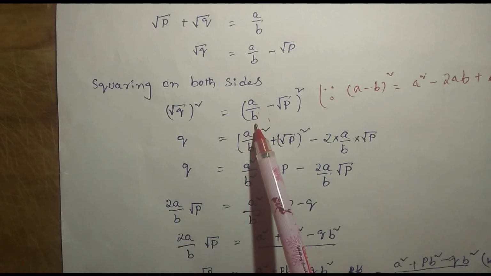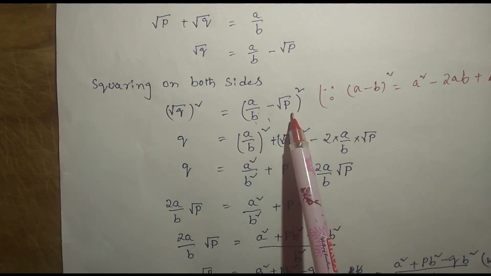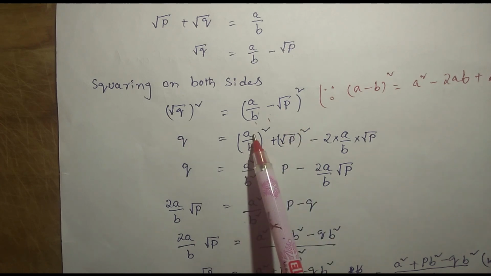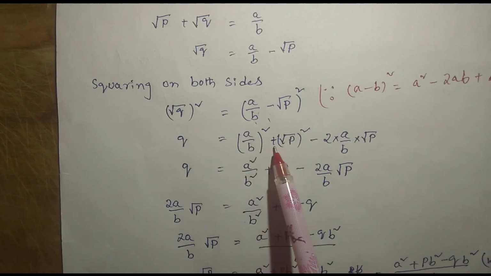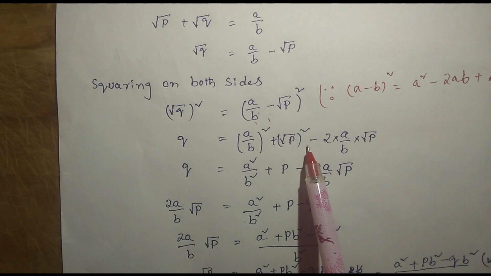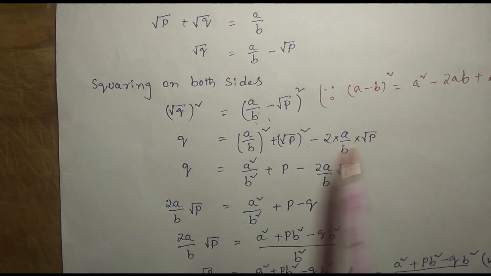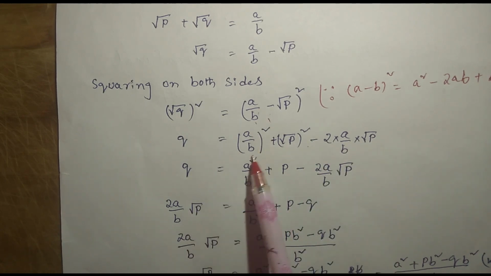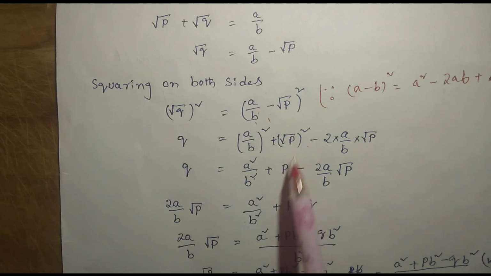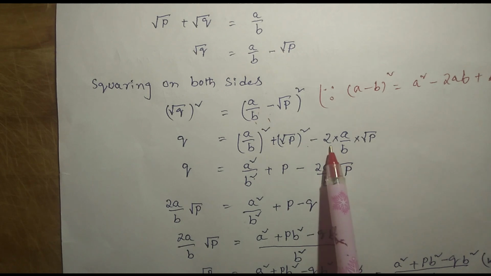Here a means a by b, b means root p. So q equals a square by b square plus root p whole square, which means p, minus 2a by b into root p.